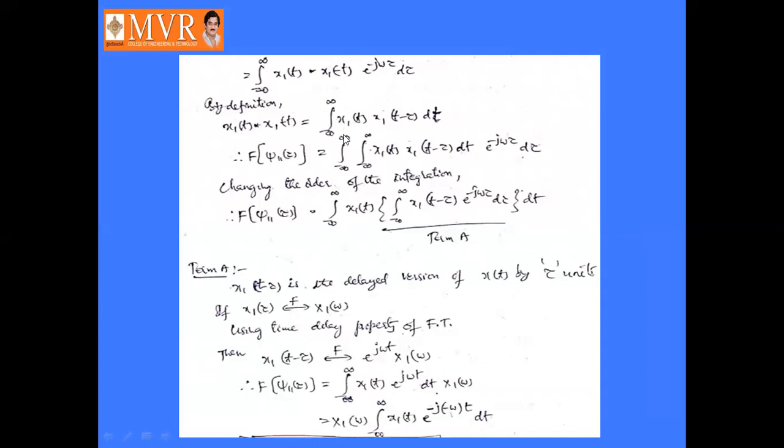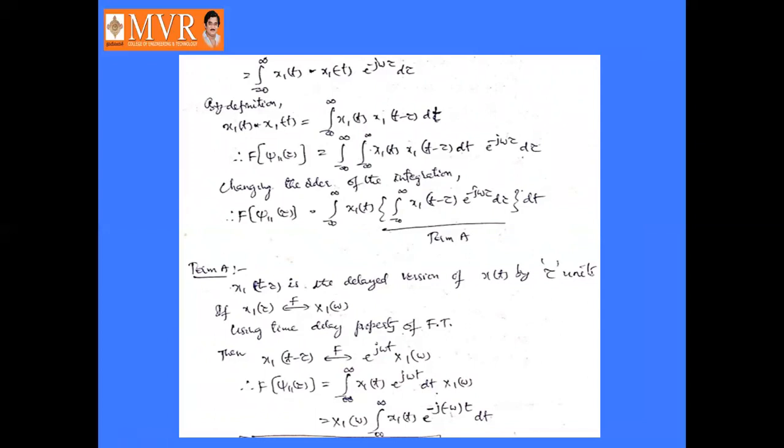By the definition of convolution, x1 of t convolved with x1 of minus t is nothing but integral from minus infinity to infinity x1 of t into x1 of t minus tau dt, right? So the Fourier transform of J11 of tau equals integral of that into e power minus j omega tau d tau. Here also two integrals are there.